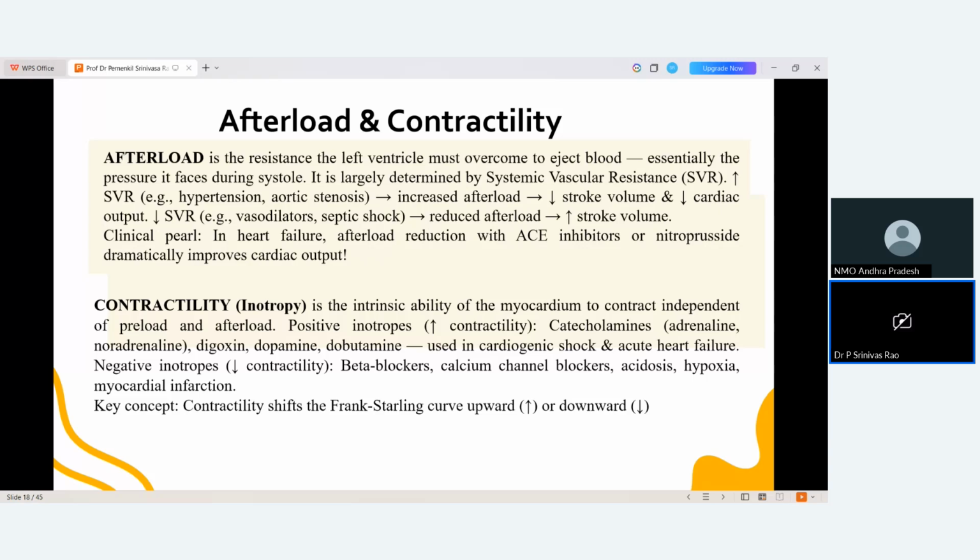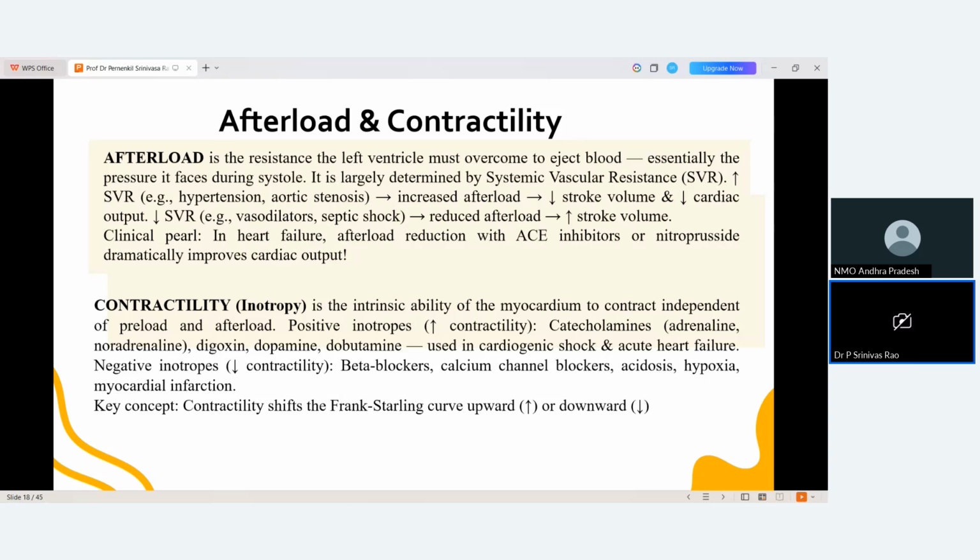So the pressure it faces during systole is largely determined by the systemic vascular resistance, that means the blood pressure. Whenever the blood pressure is increased, either in hypertension or aortic stenosis, there is an increase in the afterload. Whenever there is an increase in the afterload, it causes a decrease in the stroke volume. I think you understood this.